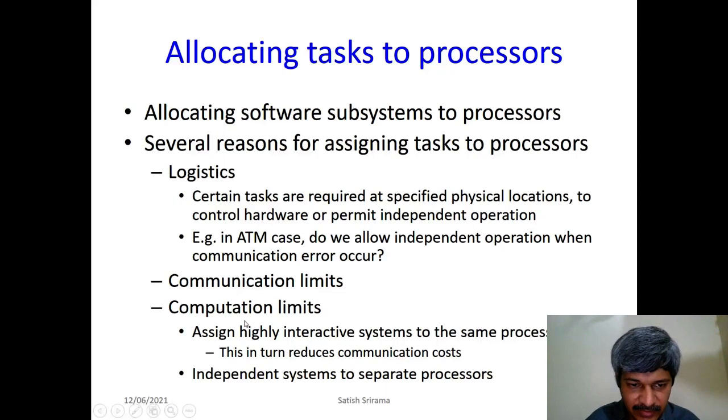The same applies to the computation limit. Assign highly interactive subsystems to the same processor. That way the subsystems will run faster, which in turn reduces communication costs as well. Of course, if you have independent systems, then run them on separate processors. So all these design decisions are to be considered.